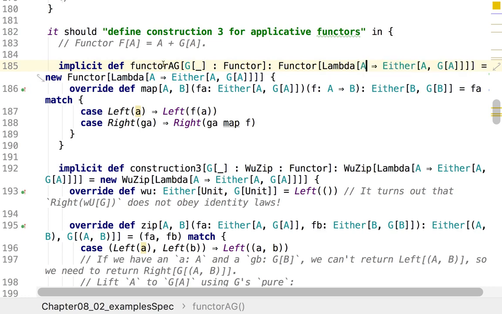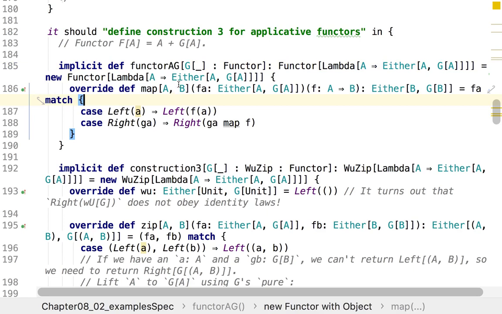So this is not a type parameter here. It is not a type parameter of this function. It is a type parameter only of the type expression here. So that's important to keep in mind. So I could use a different letter here in principle, and it's not a type parameter in the value here.